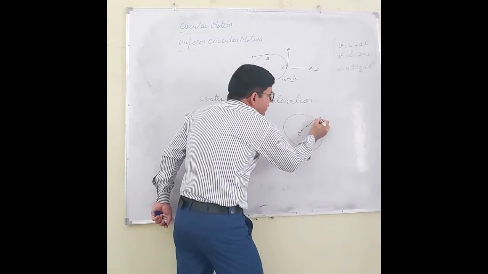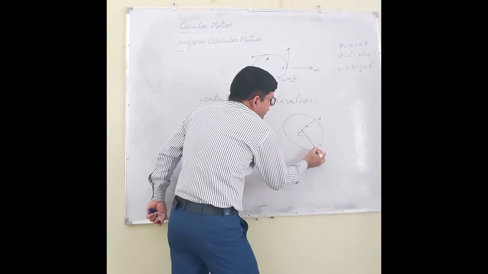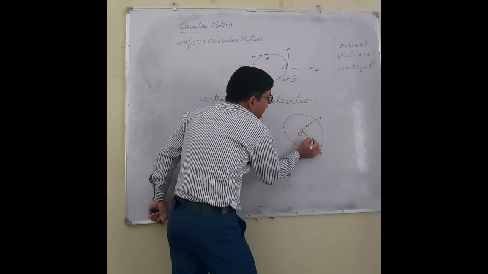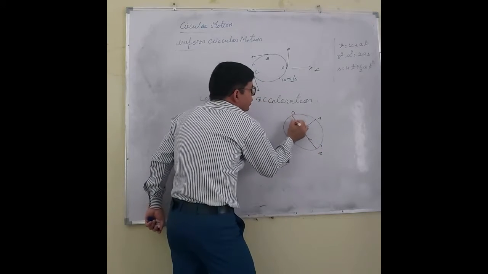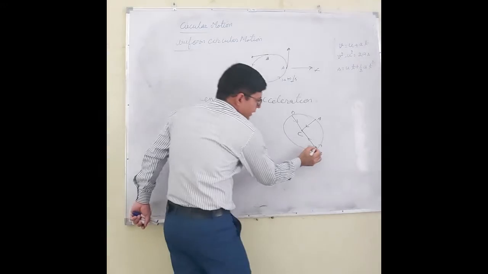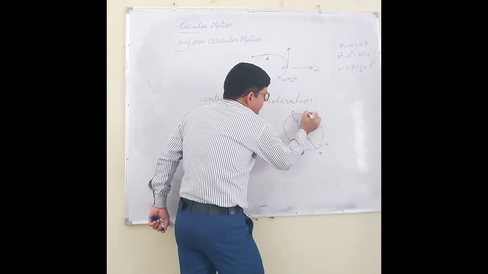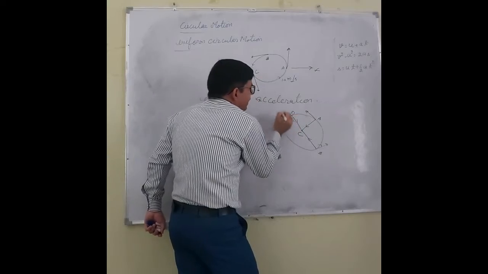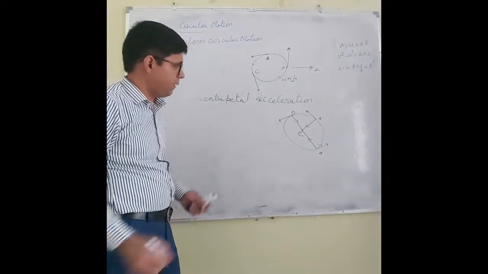At point A, the direction of acceleration is this, at point B it is this, and at point D it is this, but the direction of velocity is this. The direction of velocity is along the tangent, and the direction of velocity at D is again along the tangent.